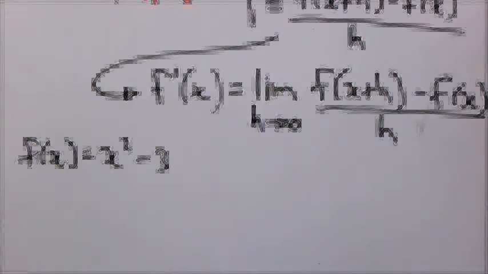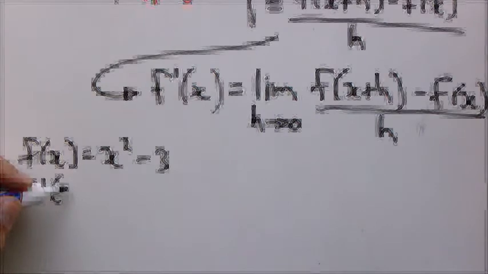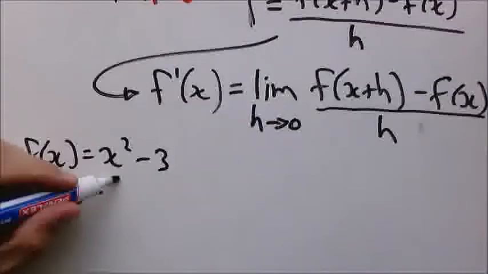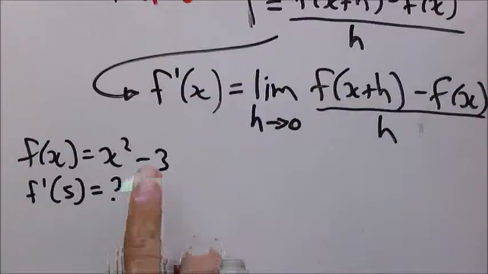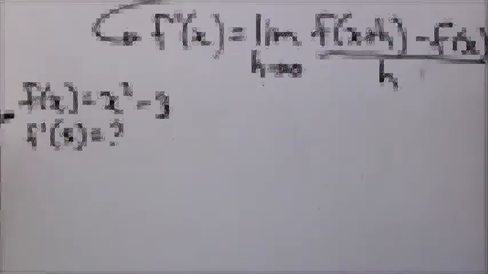And now we want the specific gradient where x is equal to, let's make it 5. Why not? What is the gradient on this graph where x is equal to 5? I'm going to show you the method I prefer above the method that's in the textbook. Okay, both of these are in the textbook.